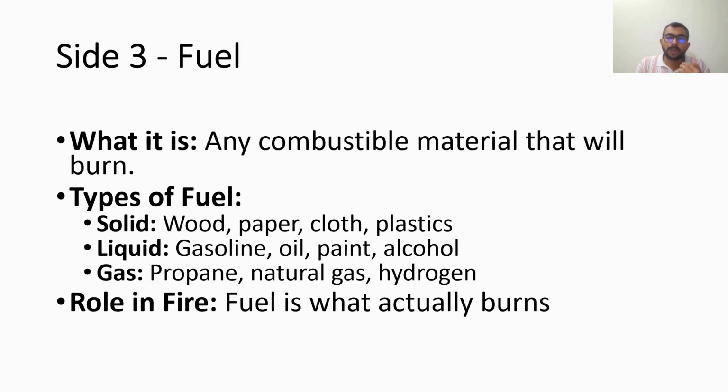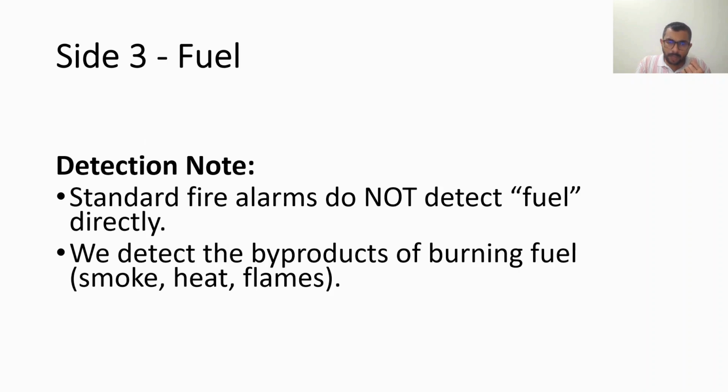So how do we detect fuel? There are no standard fire alarm devices which detect fuels. But we actually detect the byproducts of burning fuel, such as smoke, heat, and flames.